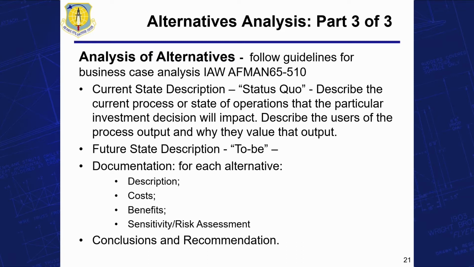For the sensitivity or risk assessment, identify the key variables which, if varied within a reasonable range of analysis, could possibly change the recommendation. For conclusions and recommendation, briefly explain which alternative appears best and why. Emphasize that the choice is based on preliminary analysis only and could possibly be changed based on the result of a complete formal EA.